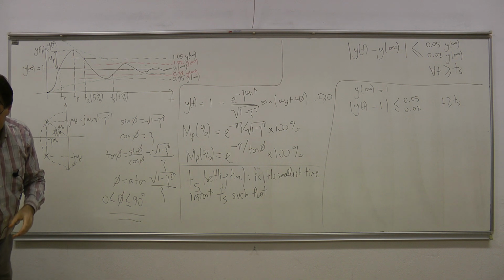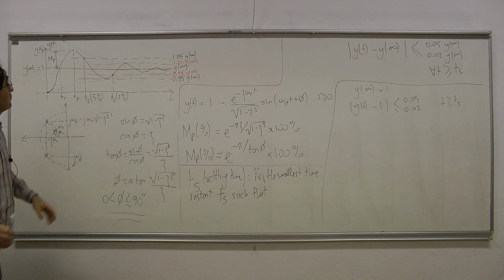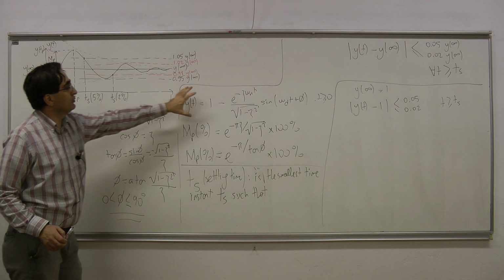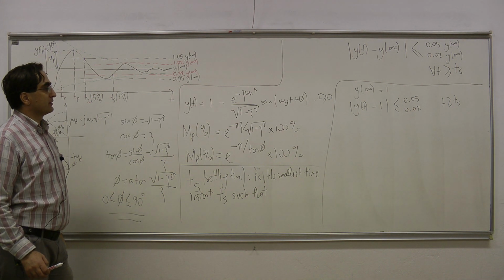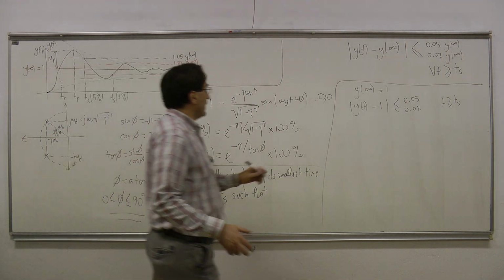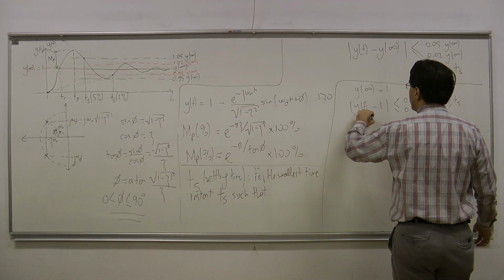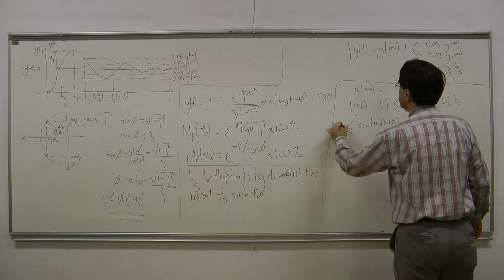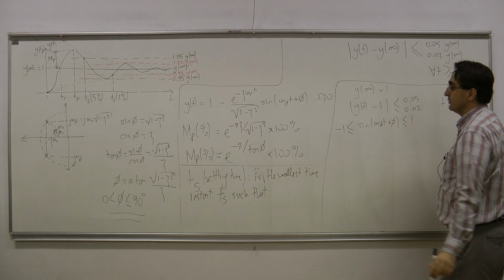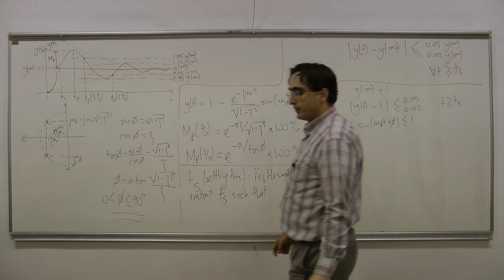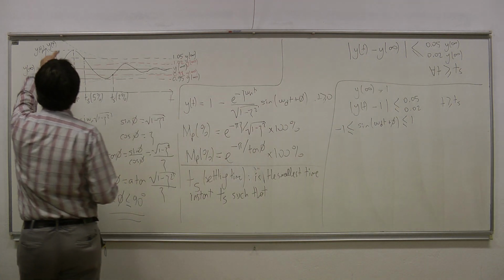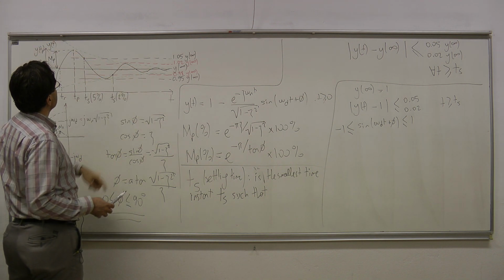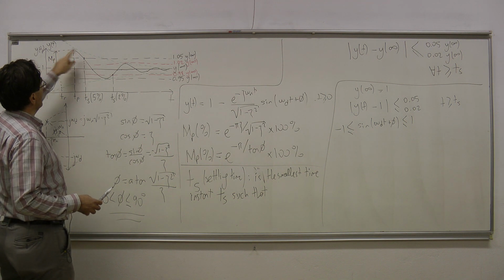How can I find the analytical expression for such upper and lower bounds? I'm actually going to be using this analytical formula here. I know that sine of omega d t plus phi is between -1 and 1 for all t values. So if I would like to find such upper and lower bounds, I need to get rid of the sine oscillations here.